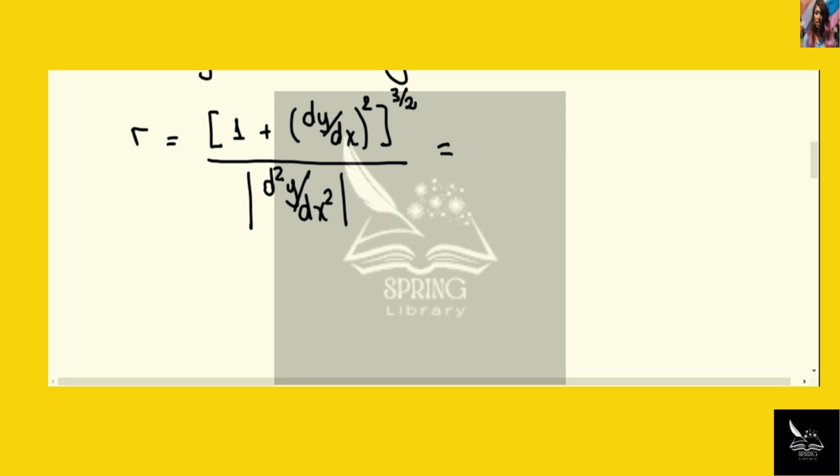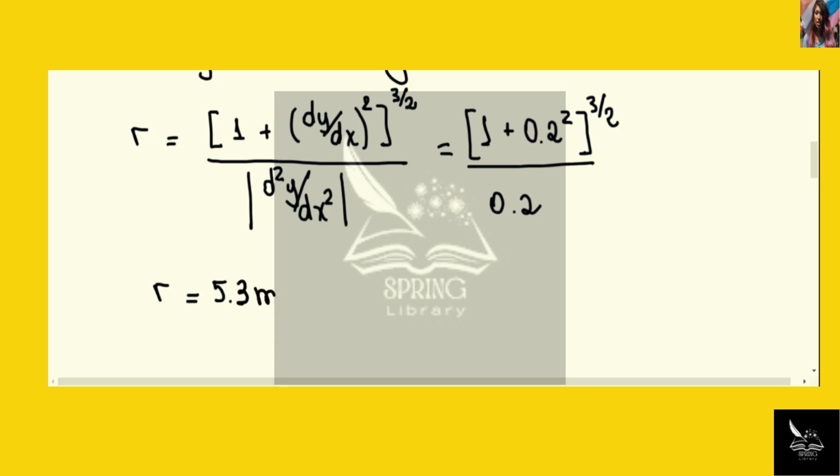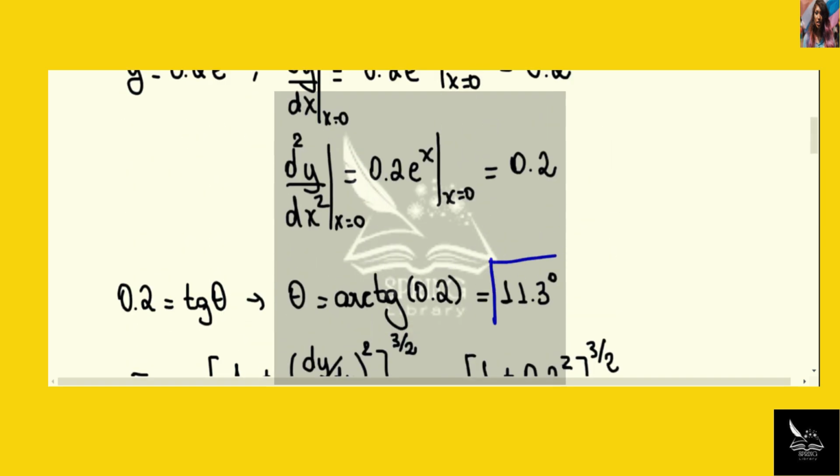Okay. So this is (1 plus 0.2 squared) to the 3/2 divided by 0.2. So r is equal to 5.3 meters. Okay, this is the radius. This here is the angle.